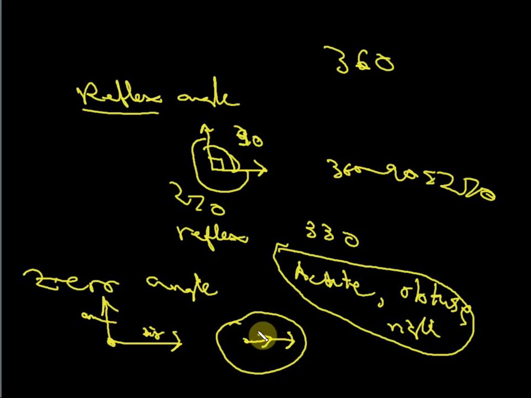There is no angle. That's what they're saying. So when your two rays lie on top of one another, arm 2 on top of arm 1, we have 0 degrees.